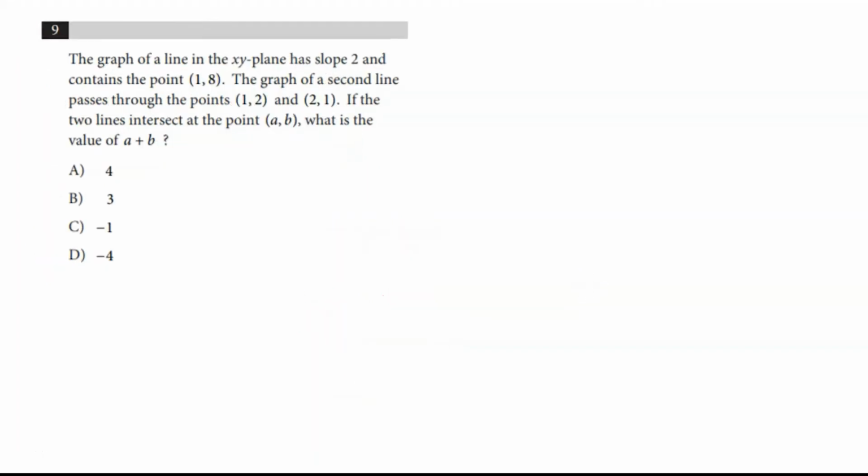Question 9 gives us two lines with certain characteristics, and we're supposed to find their intersection point. So, we know that line 1 has slope 2 and contains the point 1, 8. Okay, so this can be written in the form 2x plus b, where b is our y-intercept, because it has a slope of 2.